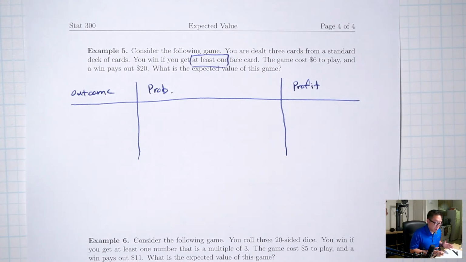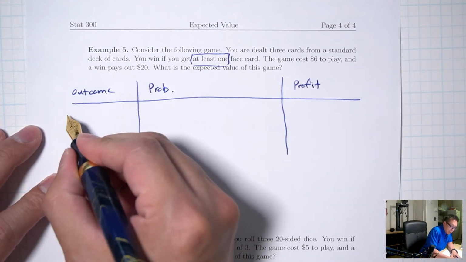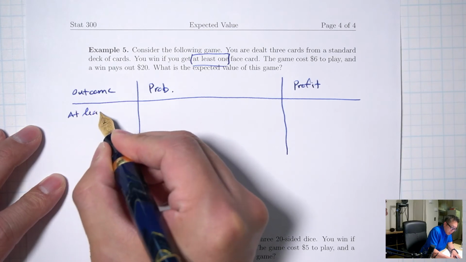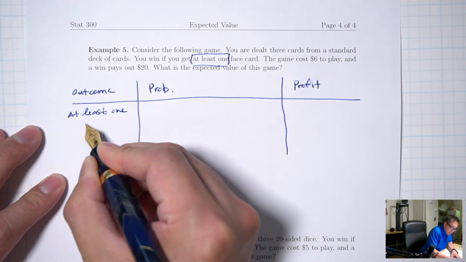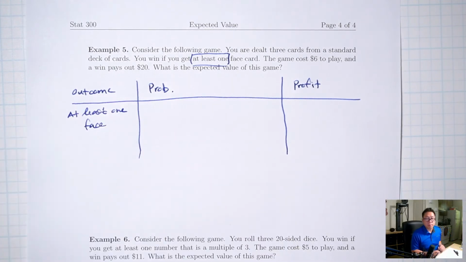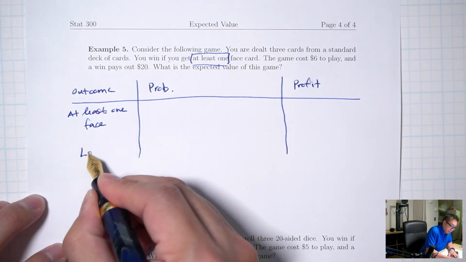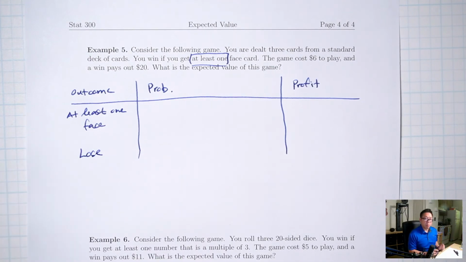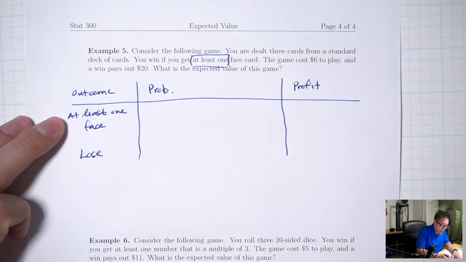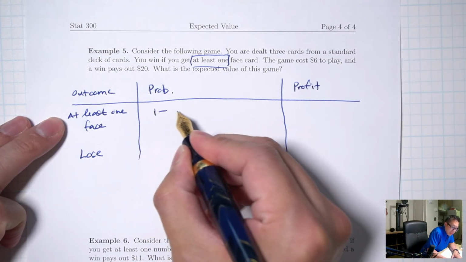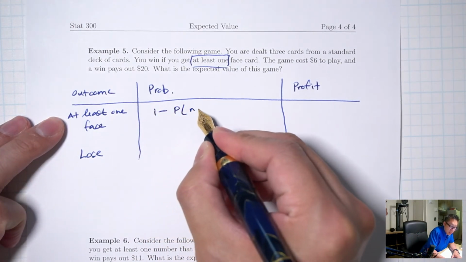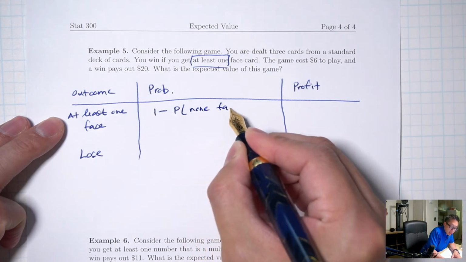Now the only way you win is if you get at least 1 face. Otherwise, you lose. Now, remember, the way we calculate at least 1 is 1 minus none. So none face.